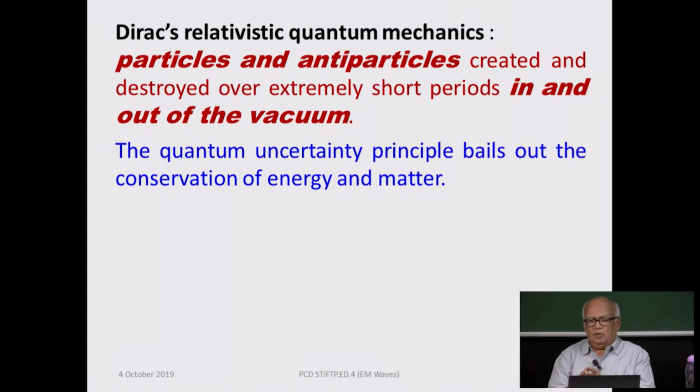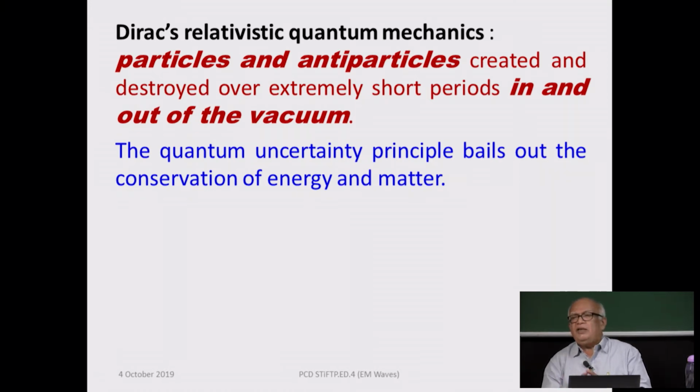And you don't have to worry too much about where the energy is coming from, because quantum mechanics doesn't require you to talk about exact energies, because these processes take place over some time intervals and there is an energy-time uncertainty. So you really don't have to worry about it. That is how nature needs to be described.